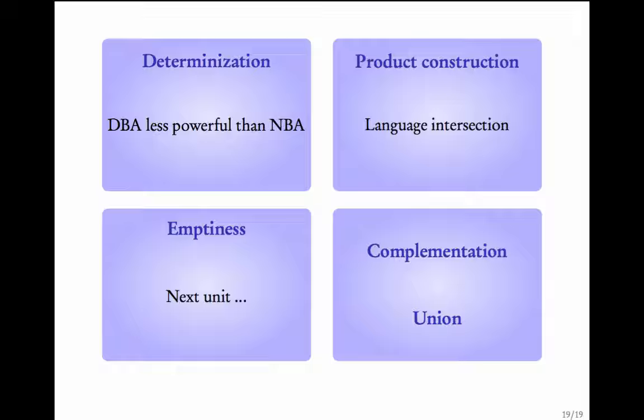What we will do next is that we will give an algorithm for emptiness of Büchi automata, and what this would lead to is that given a transition system and a Büchi automaton, we can check if all traces of the transition system are contained in the language of this Büchi automaton.